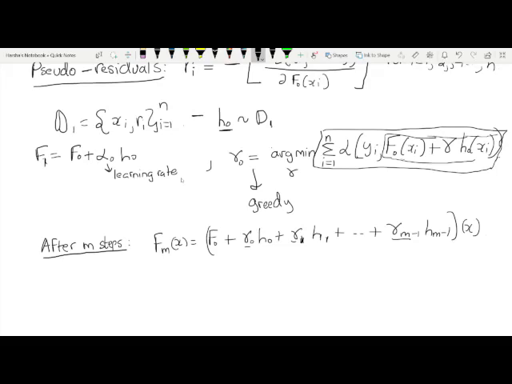So making the greedy choice at every iteration is in fact the reason why the original paper of gradient boost is called a greedy function approximation.